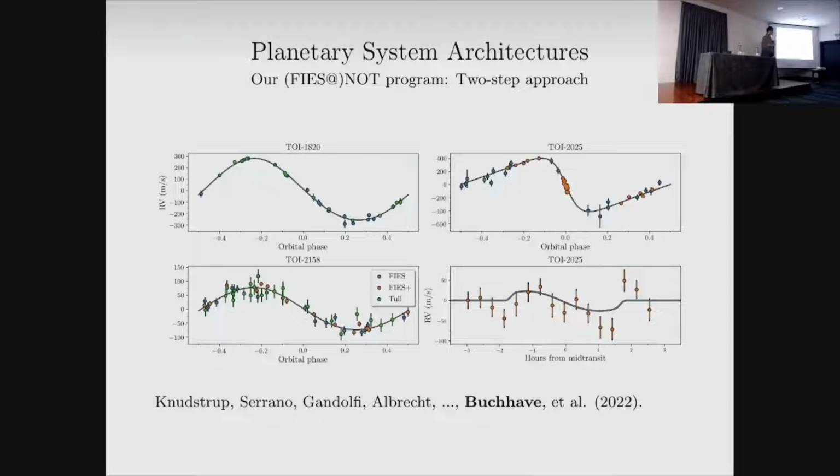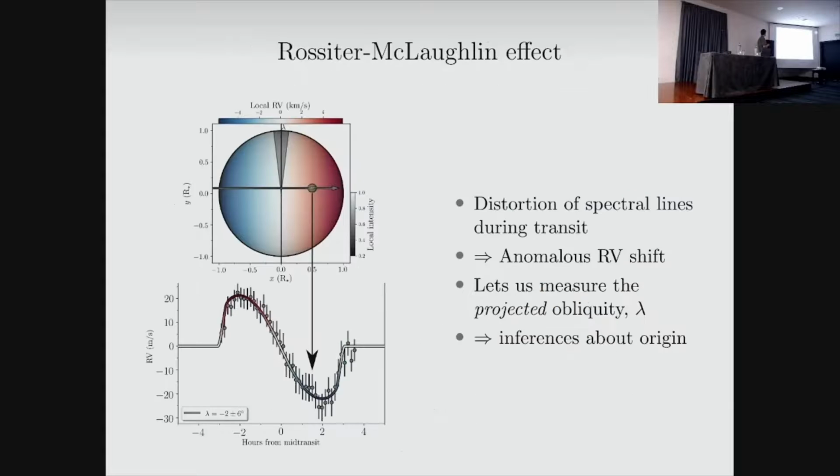And what are we looking at in the bottom right plot? We're looking at the Rossiter-McLaughlin effect, which is a distortion of the stellar spectral lines during transit. As the planet passes in front of the stellar disk, it blocks out part of the light from the star.